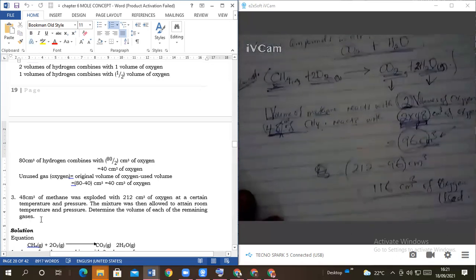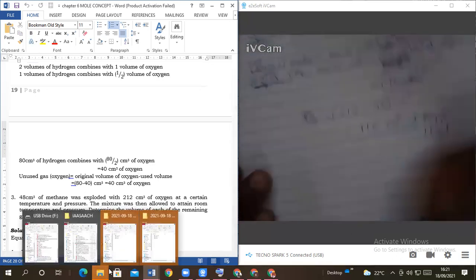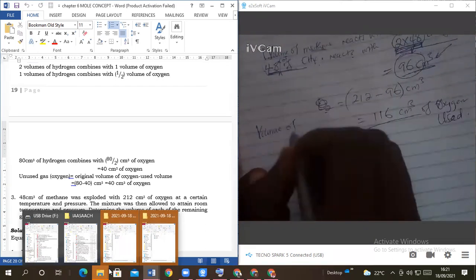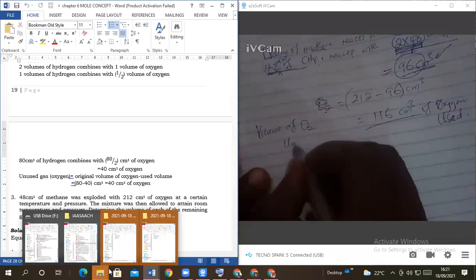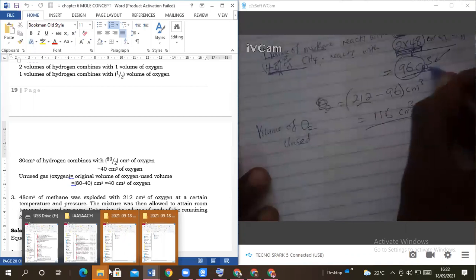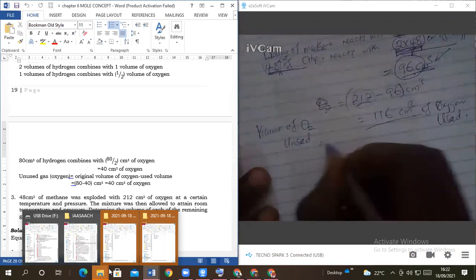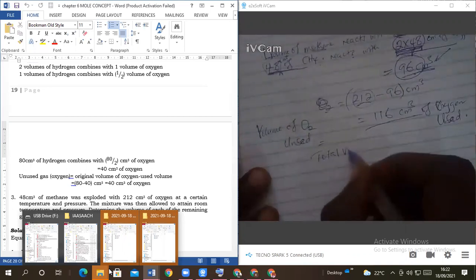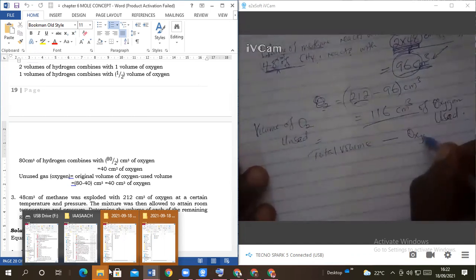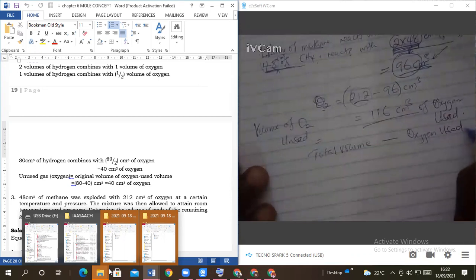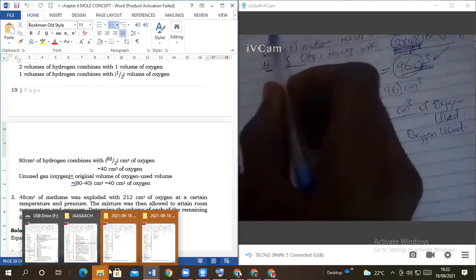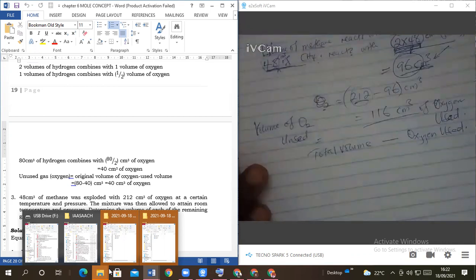Yeah. So here, if you want the volume of the oxygen unused, we say it's going to be the total volume of oxygen that was there, minus the oxygen that was used in the experiment. The oxygen used, you get it from the equation of reaction, not the one that was provided.